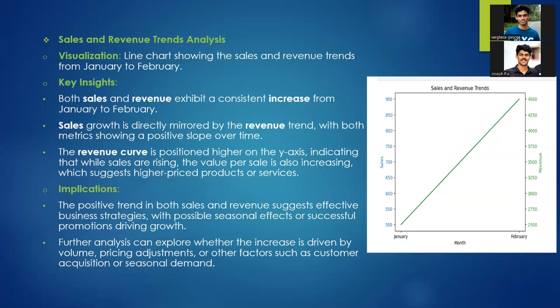The positive trend suggests effective business strategies, possibly influenced by seasonal demand or promotion. This analysis highlights the importance of examining underlying factors such as customer acquisition and pricing strategies to sustain the growth. Over to the next slide.